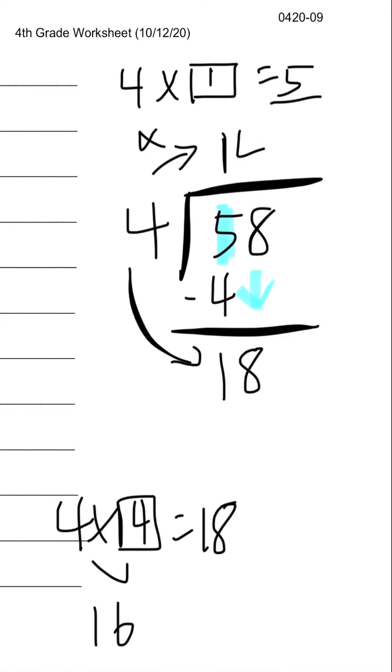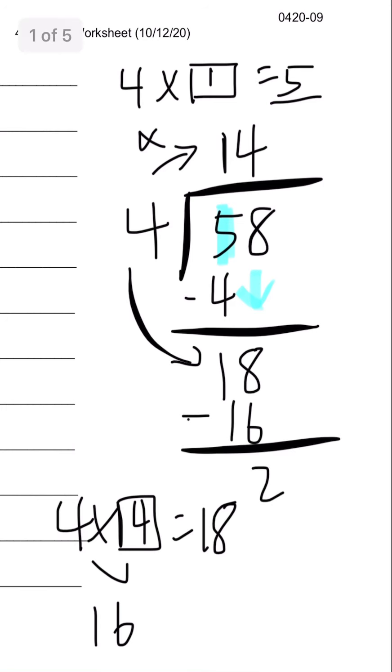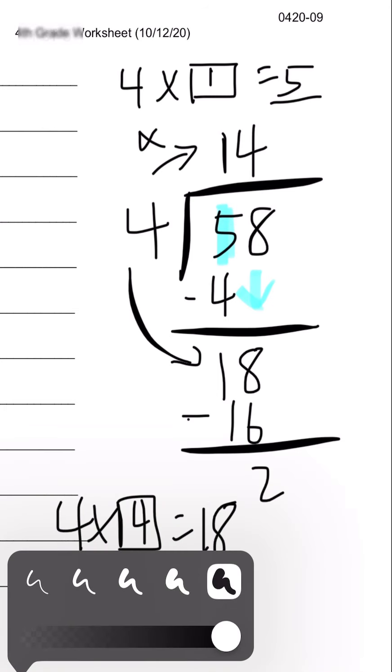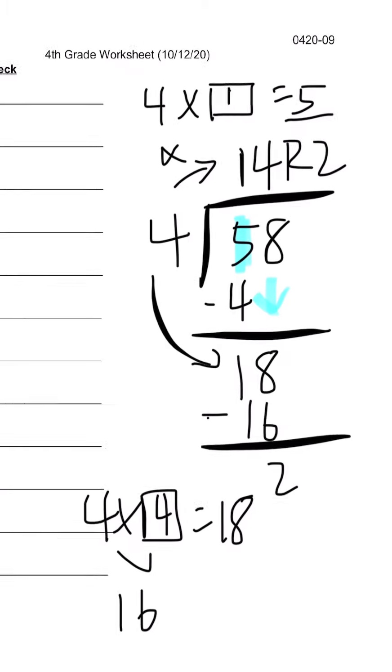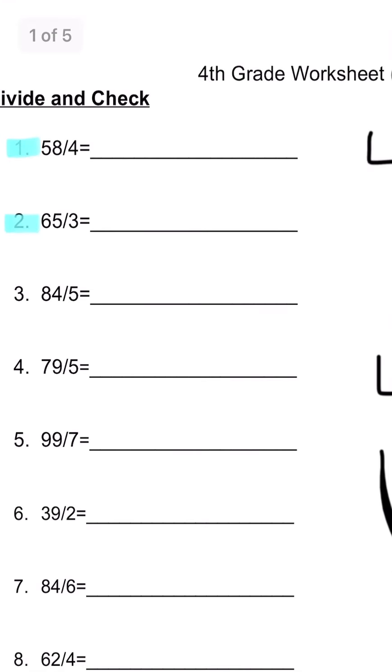So you'll write 4 up here, subtract 16, and you get 2. Then you will write remainder 2. So your answer is 14 remainder 2.